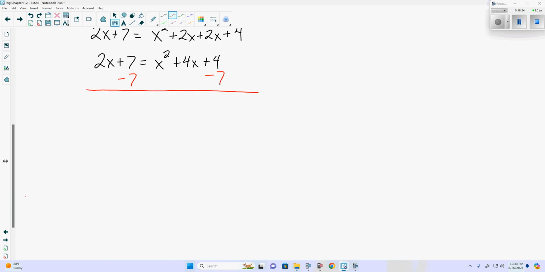What else? Subtract 2x. Because on the left-hand side, everything is going to become 0. On the right-hand side, we still have the x squared. 4x minus 2x is plus 2x. 4 minus 7 is negative 3. So I have x squared plus 2x minus 3.